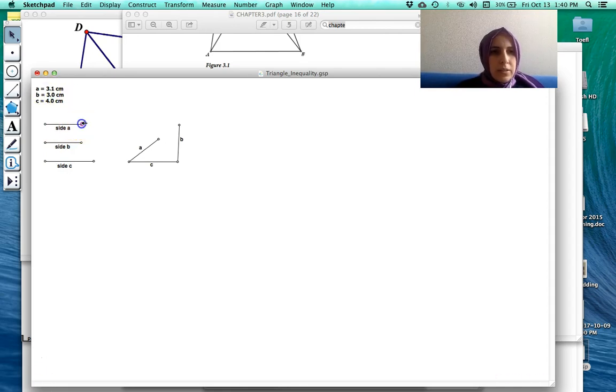Let's make them 3, 4, and 5. Yes, these sides A, B, C can be a triangle or not. I think it can be a triangle because the vertices cannot connect at one point. Yes, it can be a triangle.